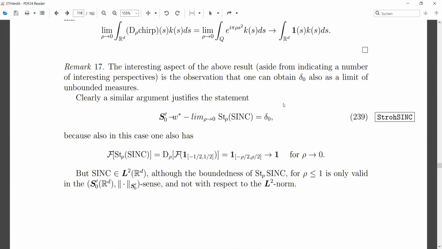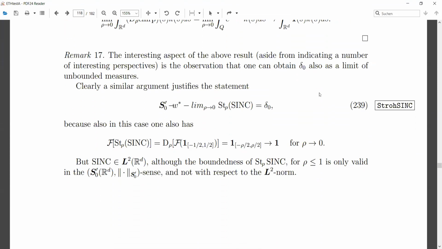A little bit less fancy, but something more close to what we have is do the same thing with the sinc function. Now, the sinc function is at least decaying, it's square integrable, but it's not integrable, so it's still hard to say what is the total mass of the sinc function and why is that going to delta 0.